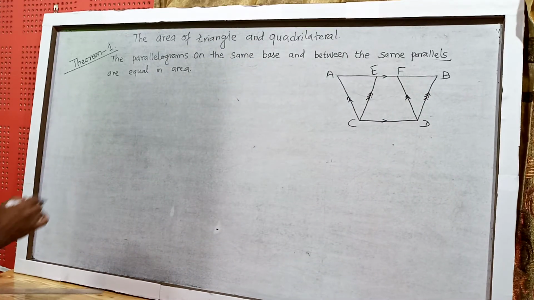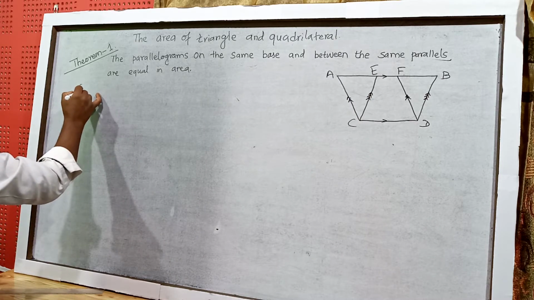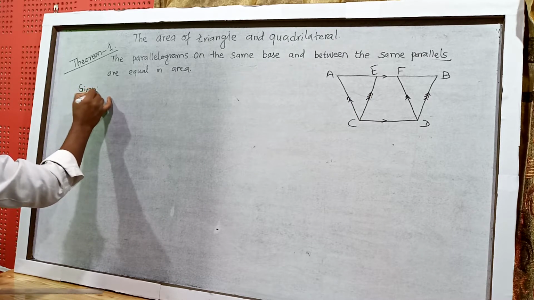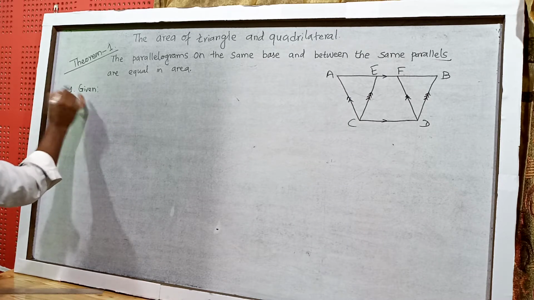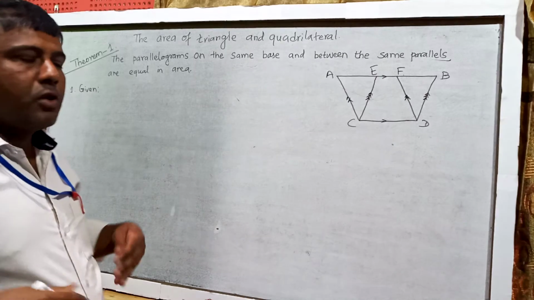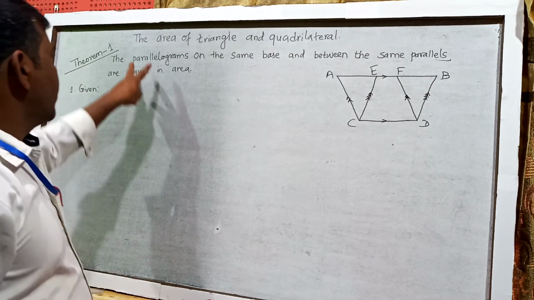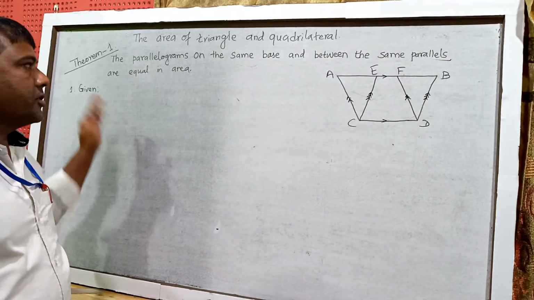To prove this, at first we should write the given. What is given to us? We have given parallelograms on the same base and between the same parallels in the statement.